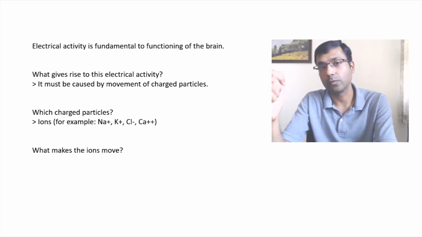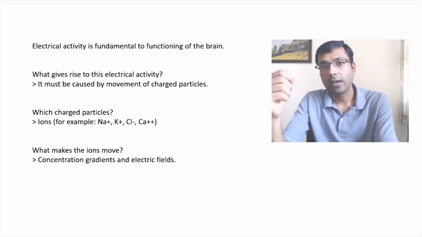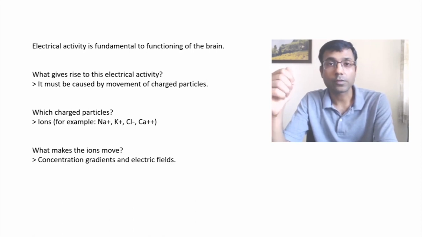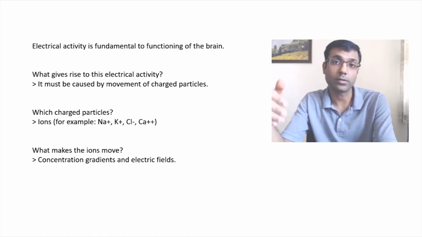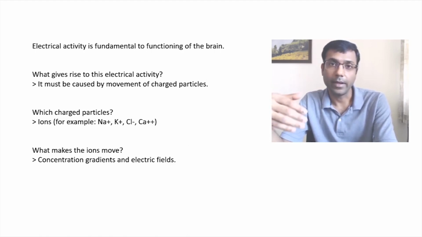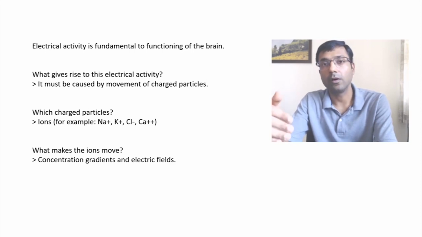What is the driving force, or what makes the ions move? So there are actually two driving forces, in fact. So the first one is electrical gradient, and the second one is concentration gradient. And now we will see how these gradients are generated and then how they result in the electricity in the brain.